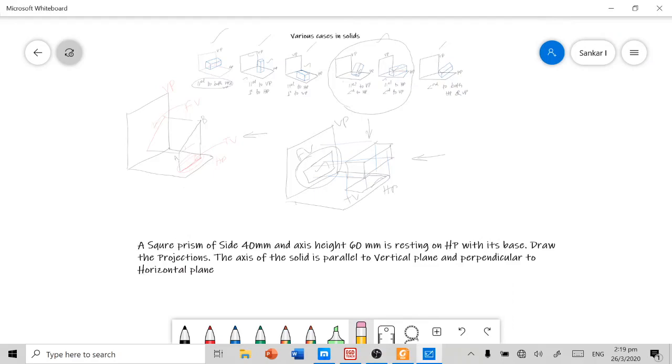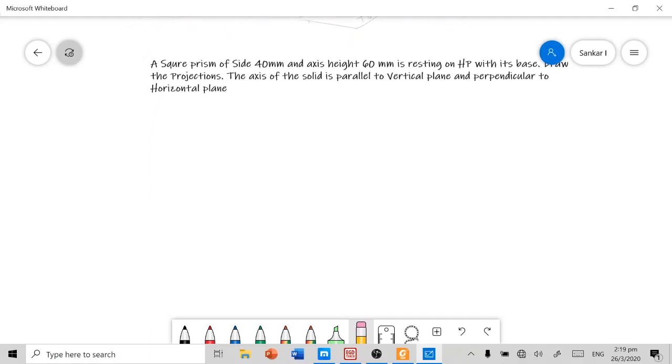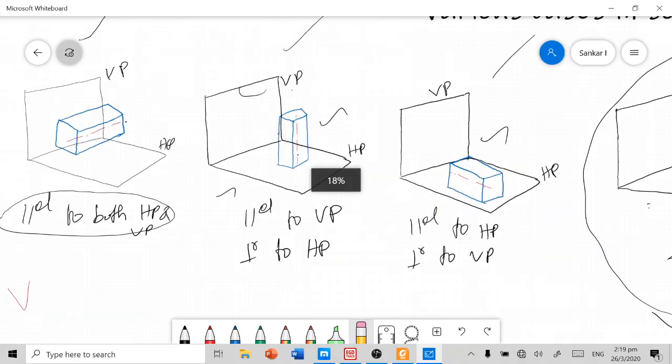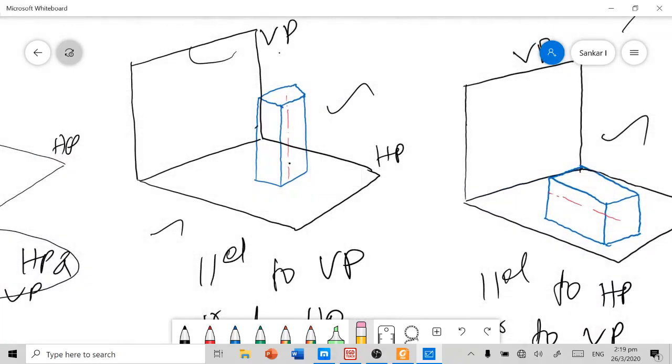The axis of the solid is parallel to the vertical plane and perpendicular to the horizontal plane. So this is a very simple case. Why I am doing this problem is just to give an introduction to how the front and top views of a solid are developed in a problem. This problem is actually very similar to this case only: solid axis perpendicular to one plane and parallel to another plane.